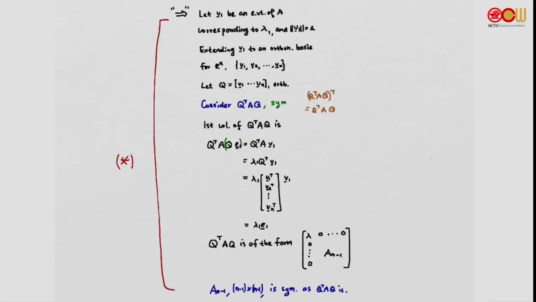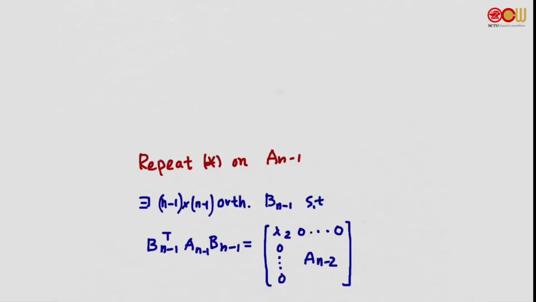Let's call this process the star process. And we can repeat this star process on this smaller symmetric matrix. We can find an orthogonal matrix B_{m-1}. We call it B_{m-1} because its size is m-1 by m-1.